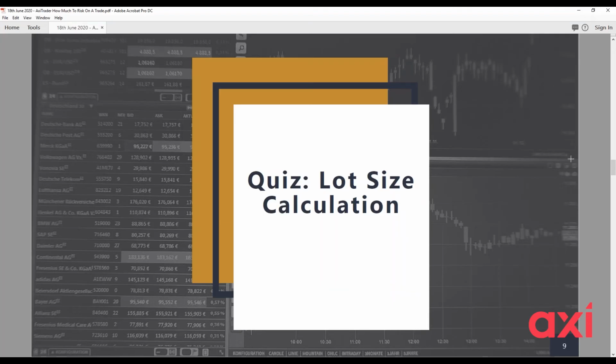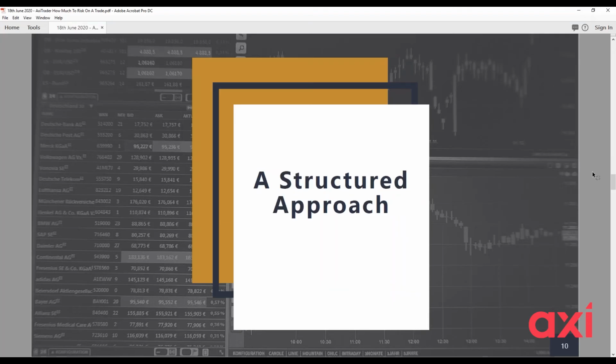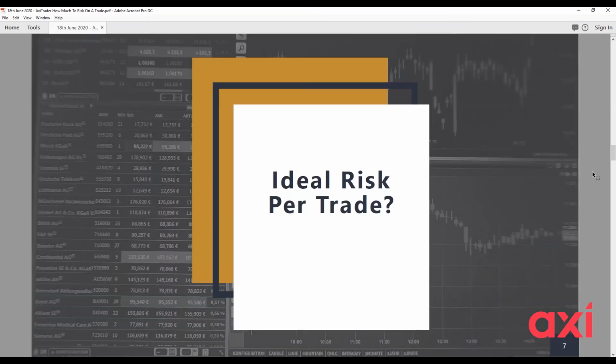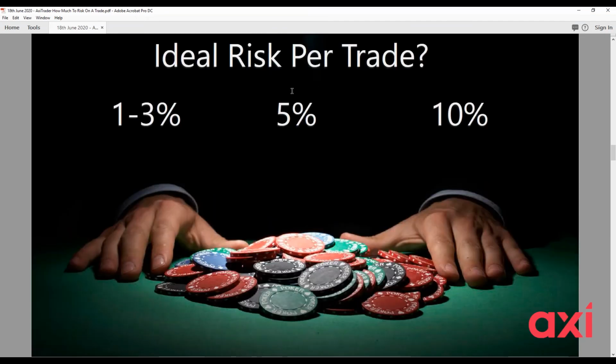So this takes us to our next topic: a structured approach to deciding how much risk to trade. Earlier we had the question, what is your ideal risk per trade? A lot of you guys decided it is between 1 to 3%, right?